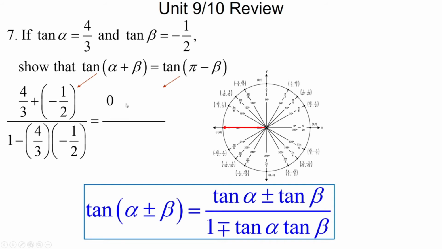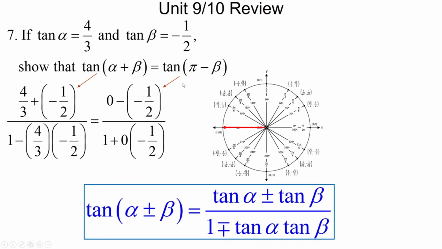Okay, and then a minus the tangent of the beta, which is negative 1/2. Okay, I like that. All right, now over the 1 plus, and then tangent of alpha times tangent of beta. Well, tangent of that pi is still 0, and tangent of the beta is still negative 1/2.